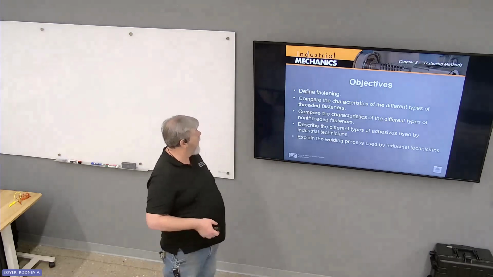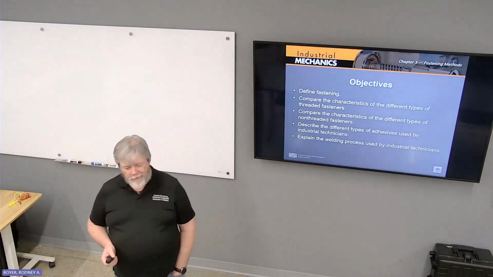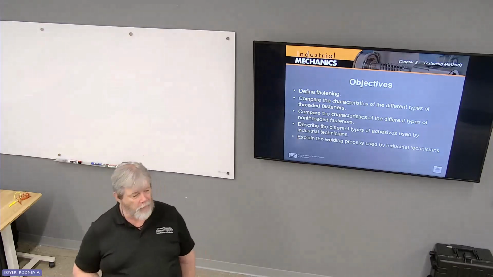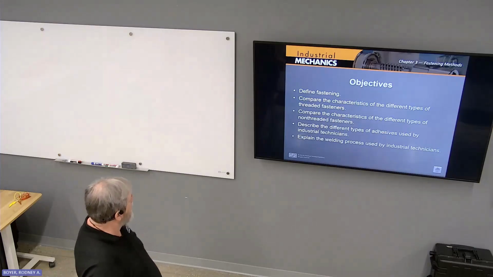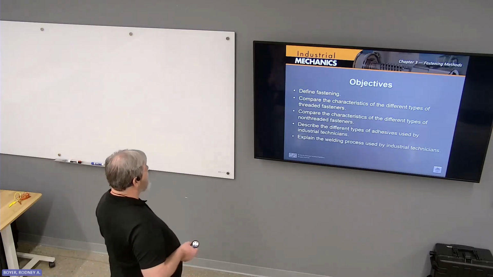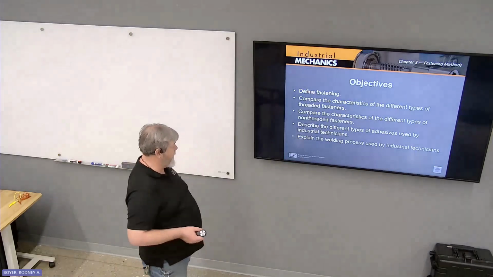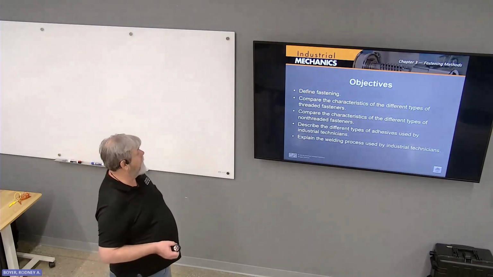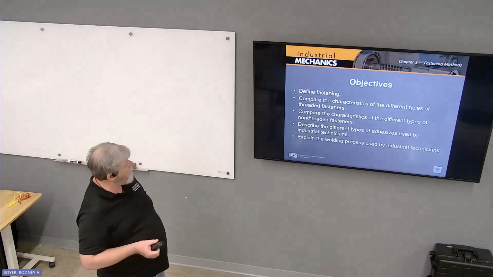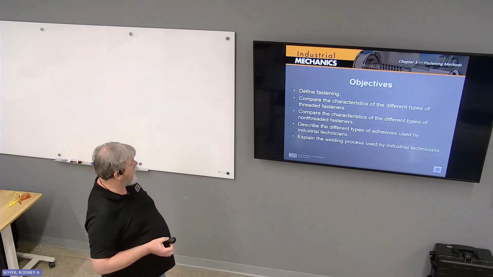So, with that being said, hopefully, I say that a lot, but we usually never hit the mark. But our objectives are to define fastening, compare the characteristics of different types of threaded fasteners, compare the characteristics of different types of non-threaded fasteners, describe the different types of adhesives used by industrial technicians, and explain the welding process used by industrial technicians.